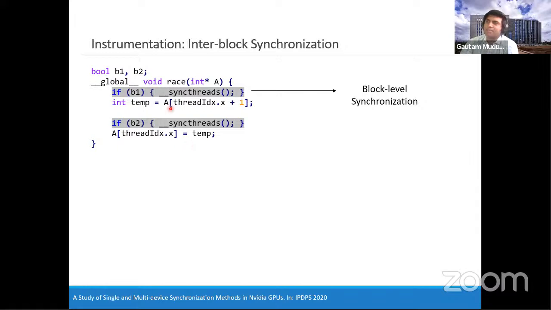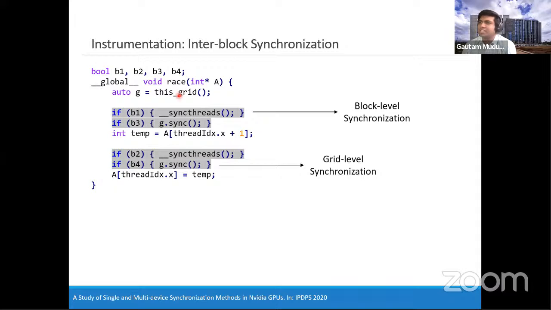Now, the construct that I've been showing so far is a block level synchronization statement in CUDA. We have a similar statement in OpenCL as well, but these can only synchronize at a block level. They cannot synchronize threads that are in different blocks of the same grid. However, a couple of years back, NVIDIA introduced something called CUDA cooperative groups, which allows the synchronization of threads inside a grid as well.